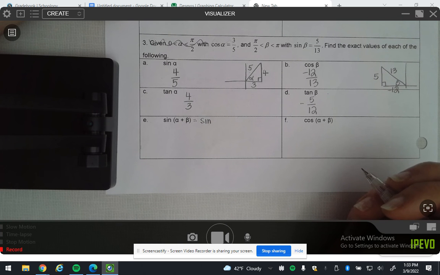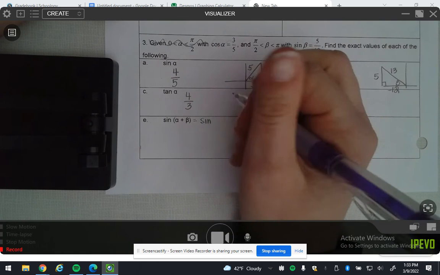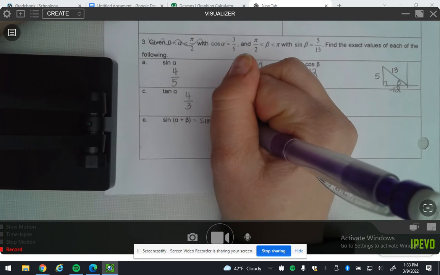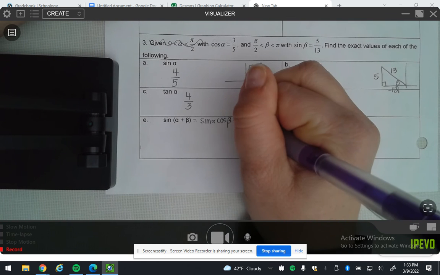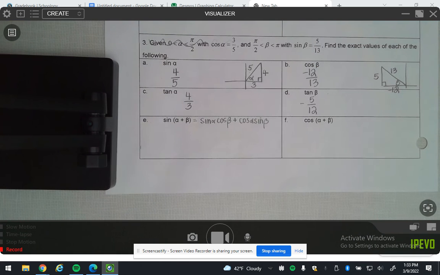It says sine of A plus B equals sine of alpha cosine of beta plus cosine alpha sine beta. I just took it right off your paper. Does that make sense? Now you're going to plug in.